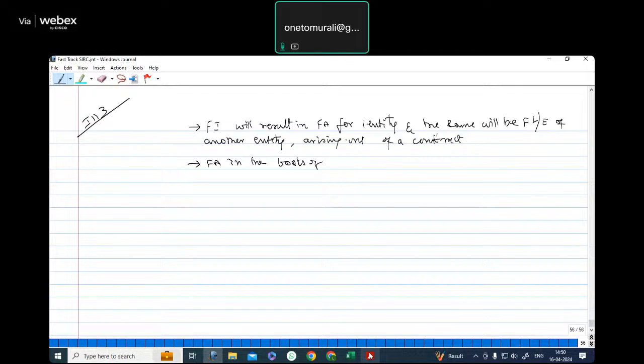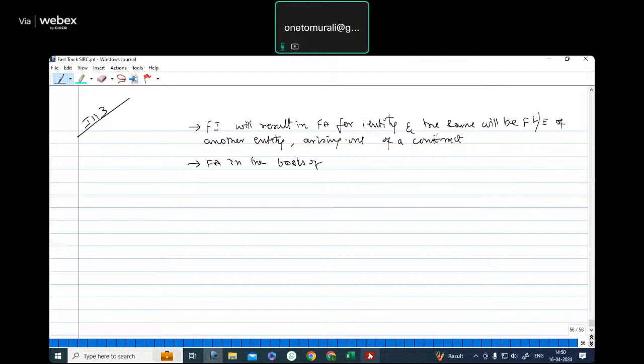For this particular company, for the holder, it is a financial asset, and for the issuer, it is a financial liability.